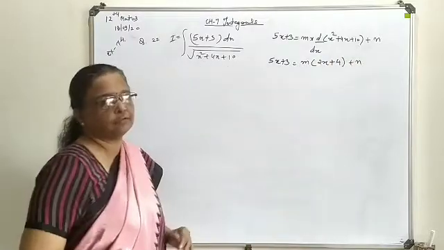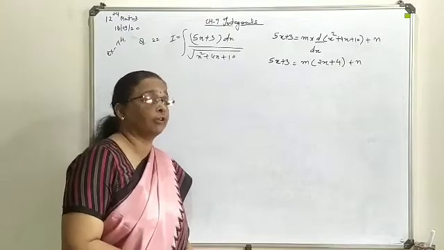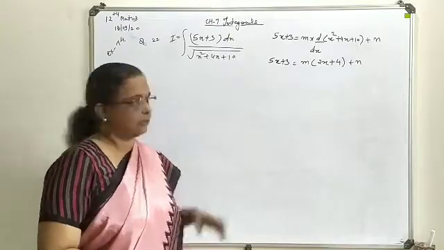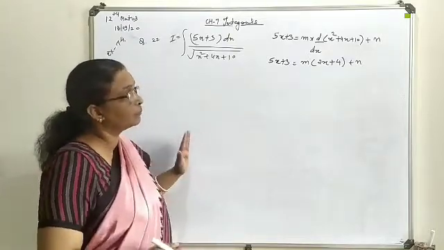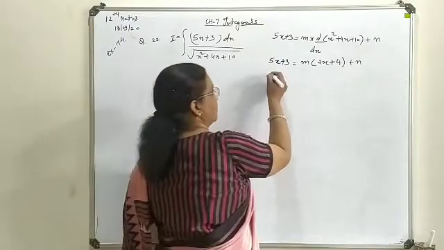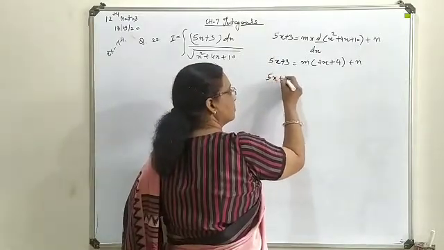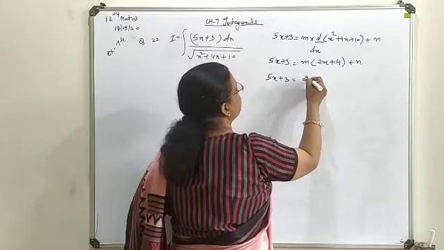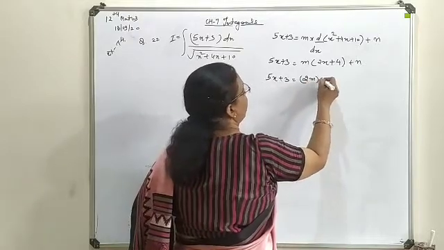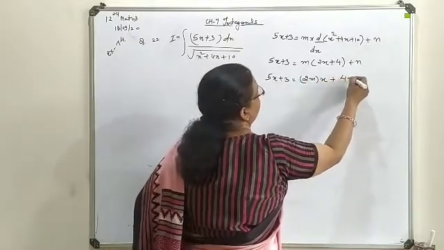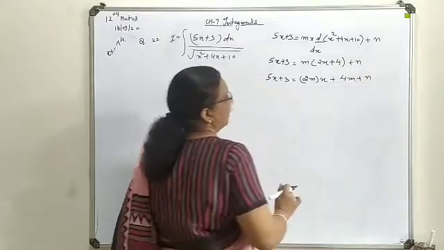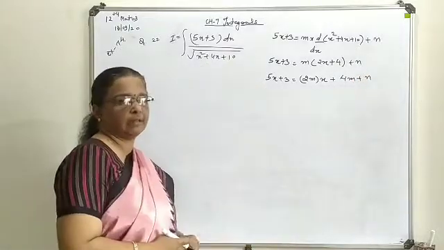Now we have to compare coefficients, that is the coefficient of the x term and the constant term. Before comparing, we make them separate first: this is 2m into x plus 4m plus n. So this is the equation we have generated.